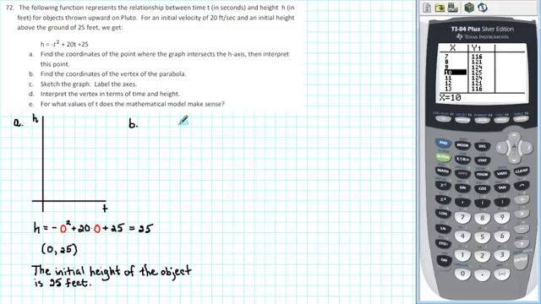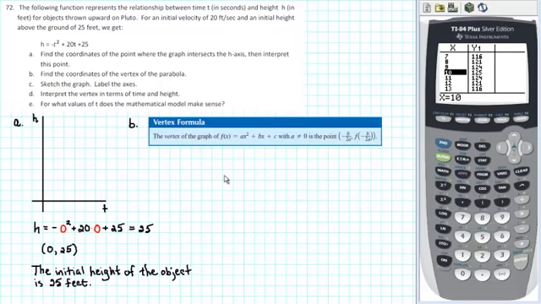To verify this symbolically, we can use the vertex formula. The vertex formula states that the vertex of the graph of a quadratic function is the point (minus b over 2a, f of minus b over 2a), where b is the coefficient of x and a is the leading coefficient. For the given function, we see that b is 20 and a is negative 1.